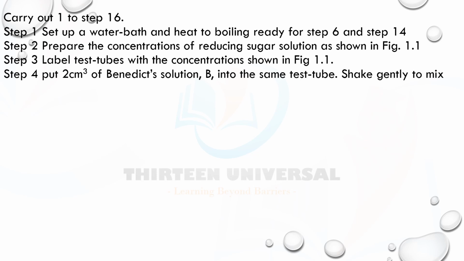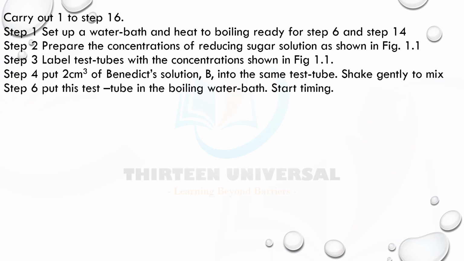Then step 4 says put 2 cm cube of Benedict solution B into the same test tube, shake gently to mix. That means the same test tube you put your solution, that's where you put Benedict solution. So guys, the same test tube, you added your solution, add Benedict solution there, 2 cm cube.